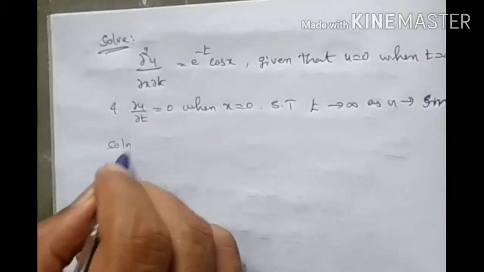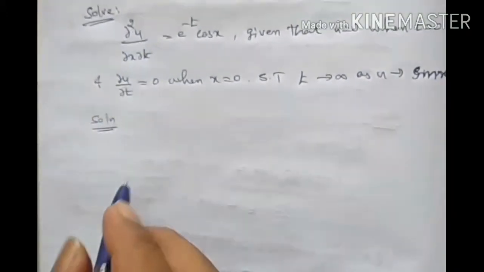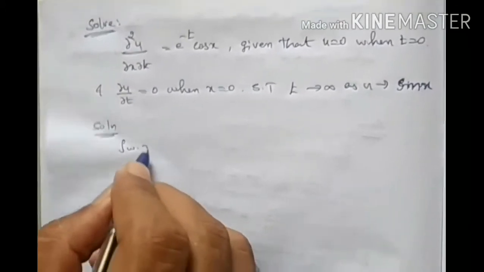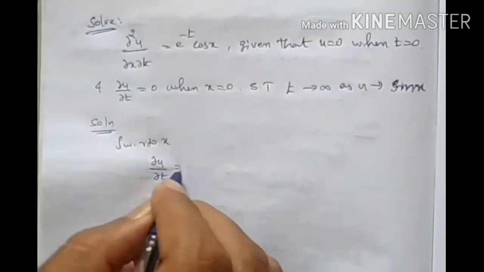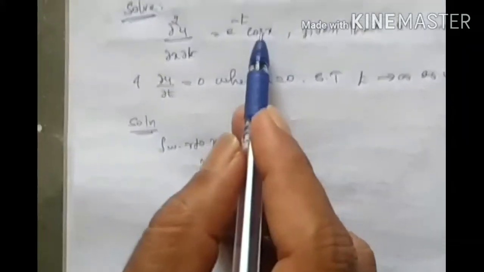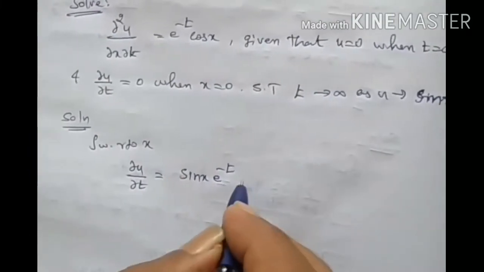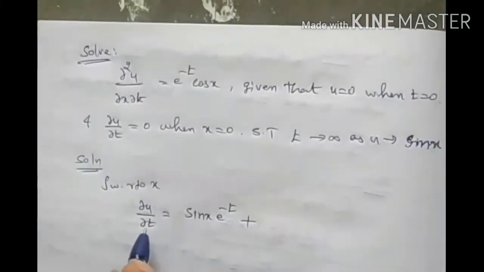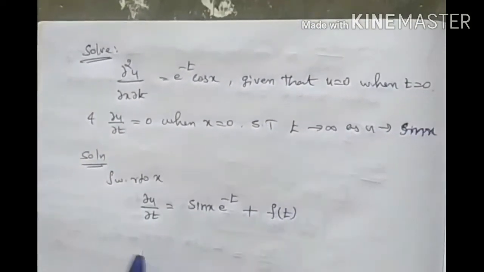Solution. So here dou by dou t is there. So first we integrate with respect to x. So we can write dou u by dou t equal to, the integration of cos x is sin x, into e power minus t, plus f of t, where f of t is an arbitrary function.